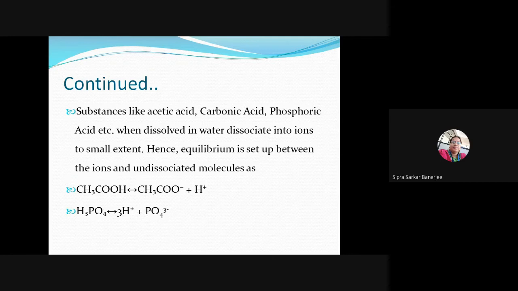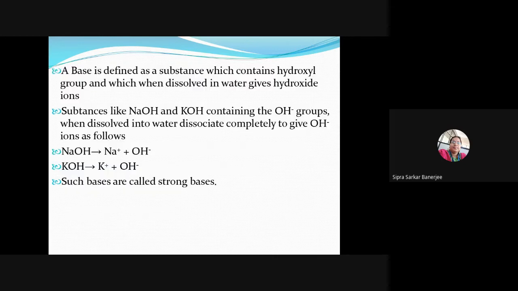Total acetic acid is not dissociated into H+ ions, and phosphoric acid is also not dissociated completely. That's why they are known as weak acids. These are the concepts of strong and weak acids.